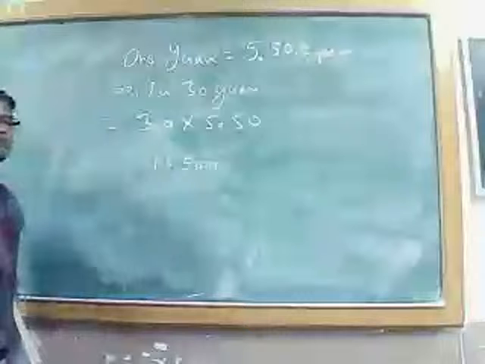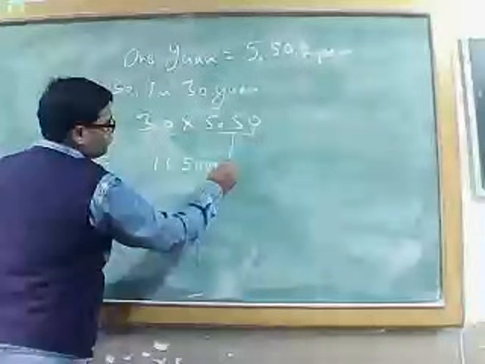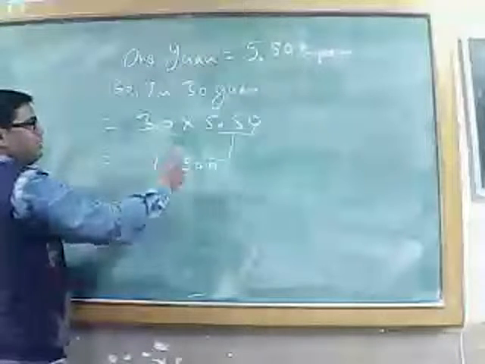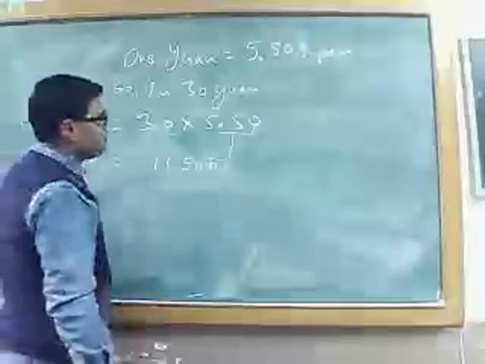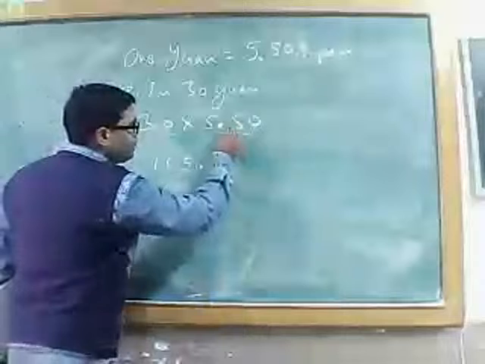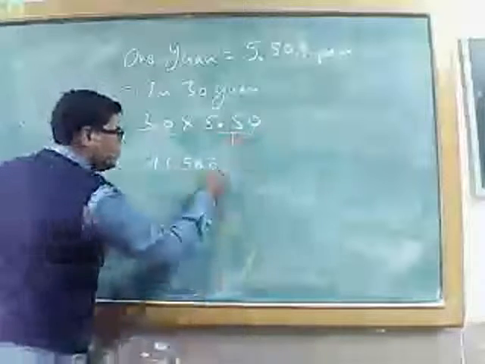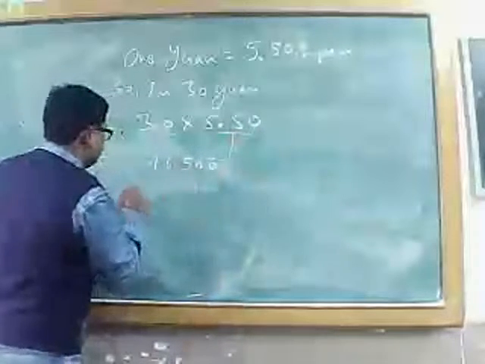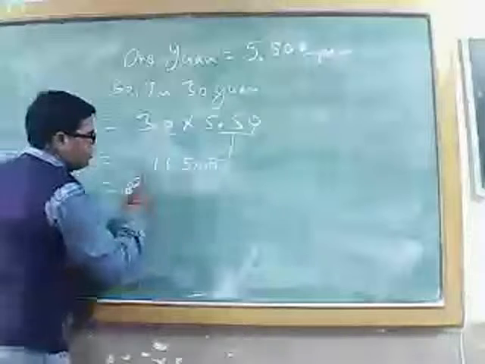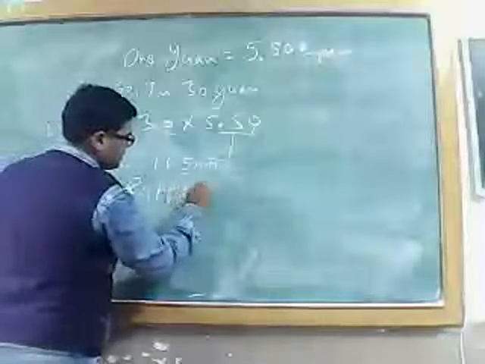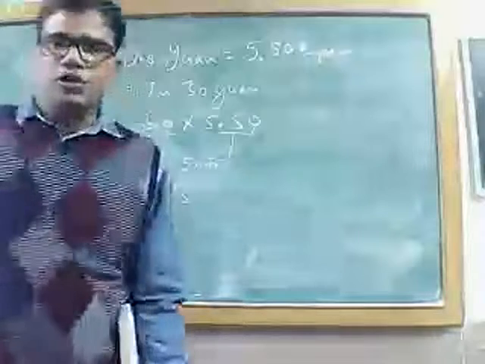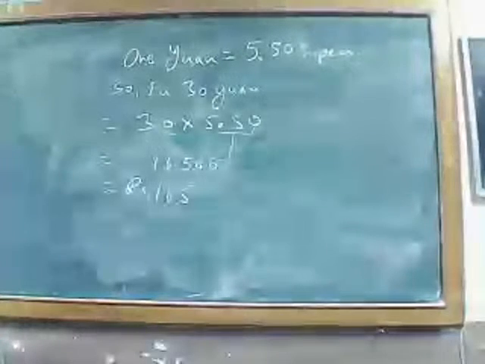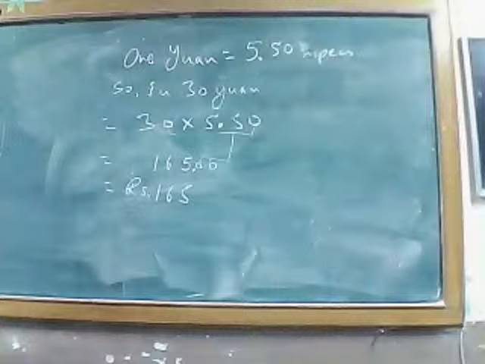Two zeros are there, so we have placed these two zeros here, and 5, 1 carry over. 5 3s are 15 plus 1, 16. And as we can see, there is a decimal before the last two digits, so we have to also make the decimal here, and the answer will be rupees 165. So the total cost of that gift is rupees 165 in India.